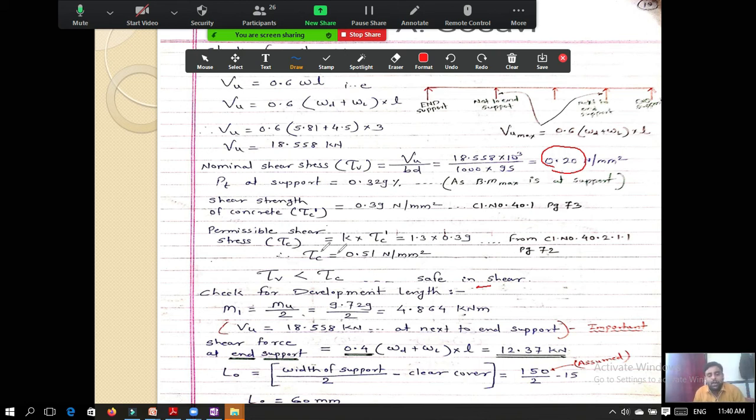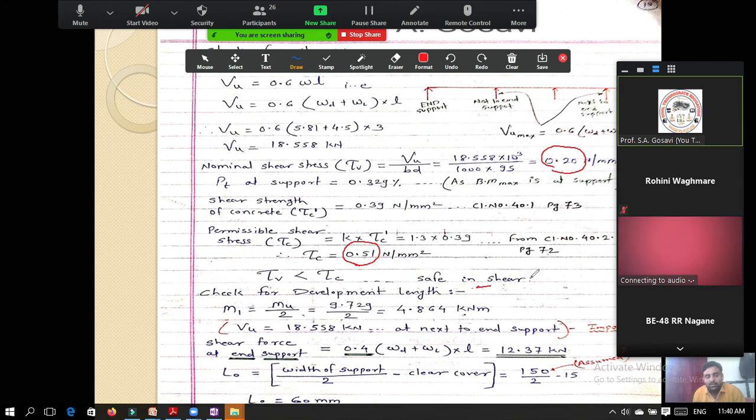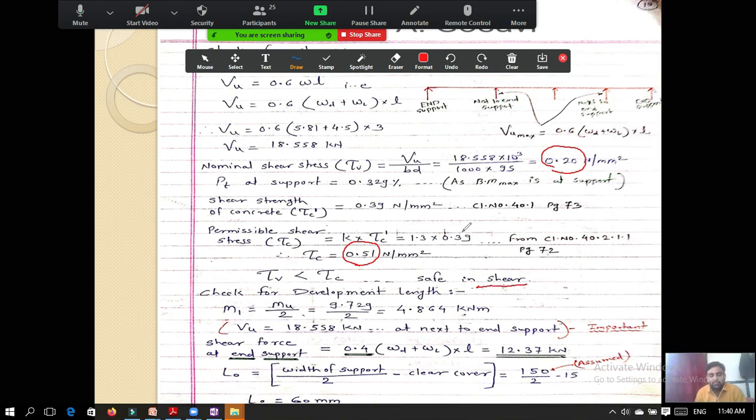How much is allowable? Allowable is 0.51. That means we can allow shear stress up to 0.51, and actually the shear stress coming there is 0.20. So it is safe. This is the meaning. So here tau v is less than tau c, hence this slab is safe in shear.